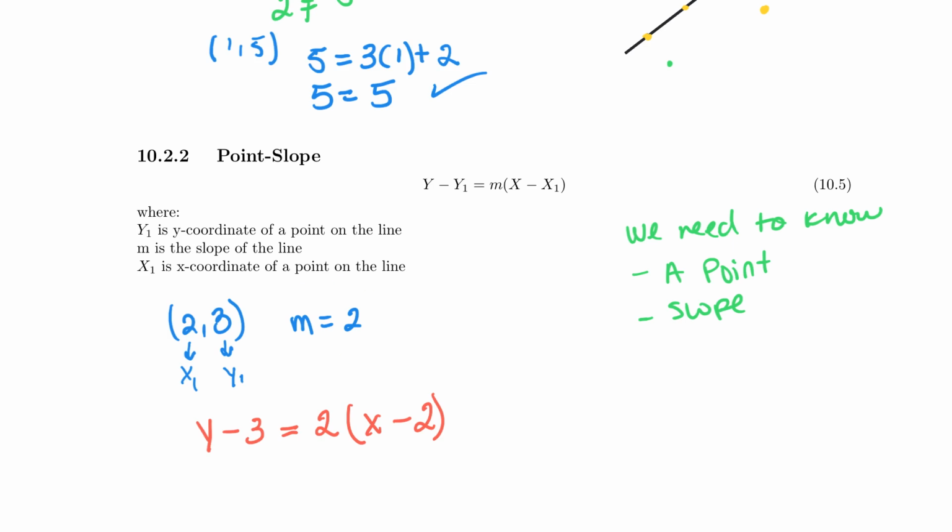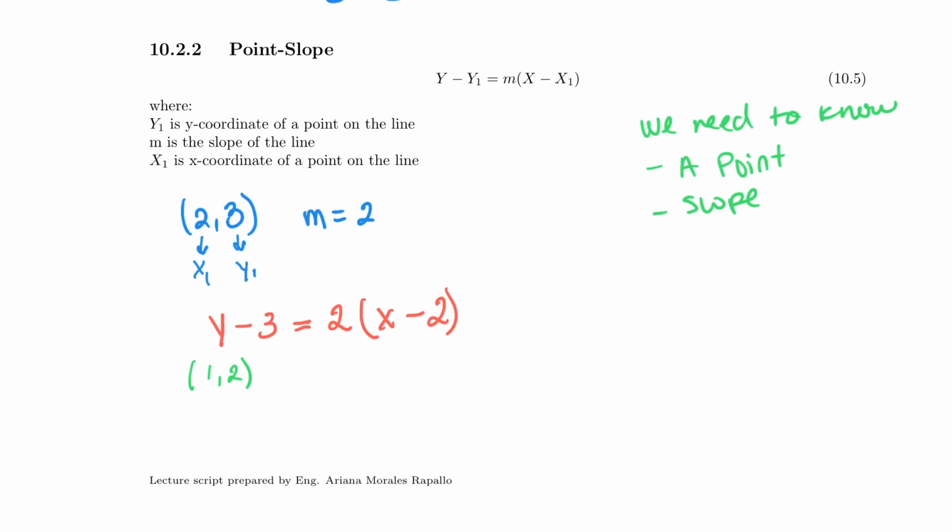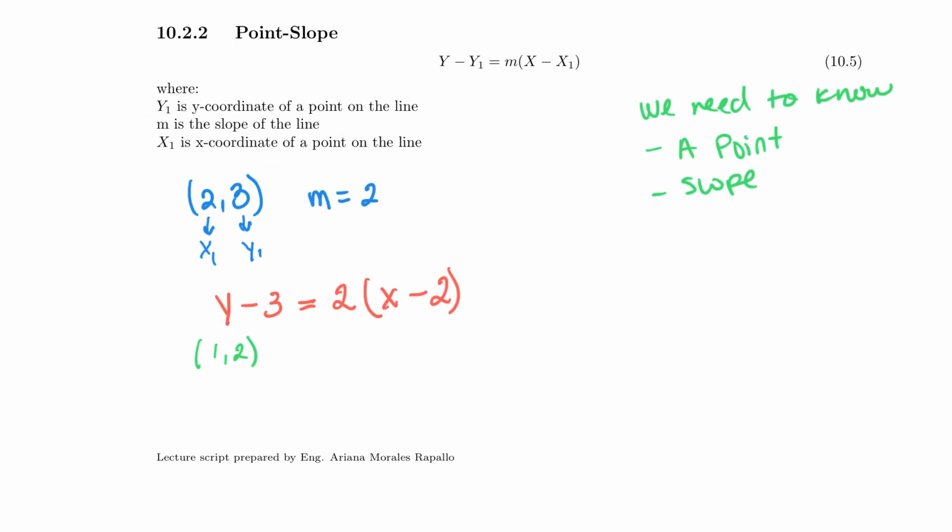But now we were asked to check if the point 1, 2 belongs to this line that we just created. How do we do this? Well, now we substitute, this is x and this is y. We substitute this information into the line equation that we have and check if the equality applies.